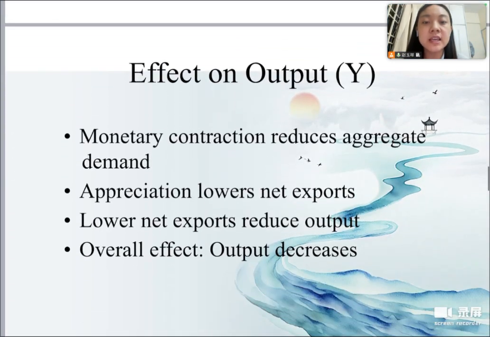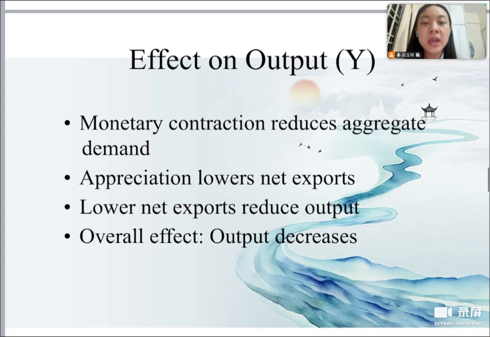Now, let us explain the effect of this policy on the key macroeconomic variables. First, consider the effect on output. The appreciation of the domestic currency makes domestic goods less competitive in international markets.